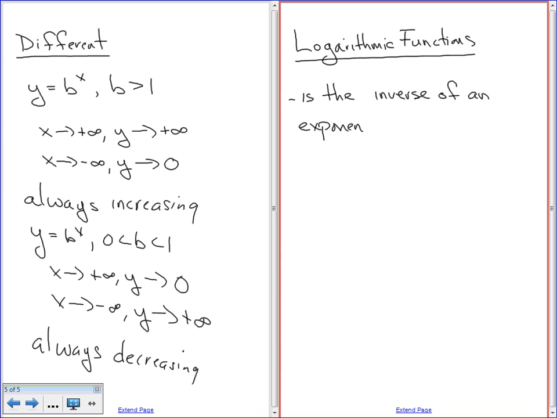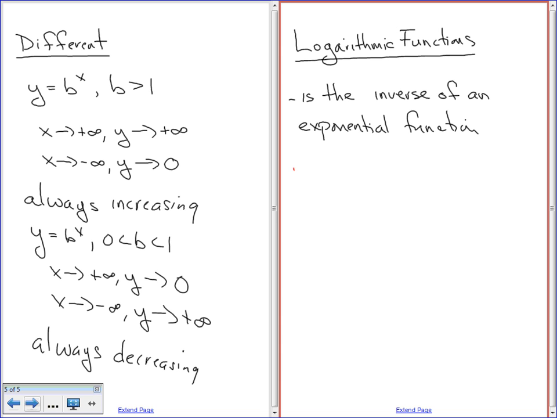That's all a logarithmic function is. Today we're just going to kind of introduce the concept of it, and then practice to go from one form to the other form, and then evaluate. Okay? So it is the inverse of an exponential function.